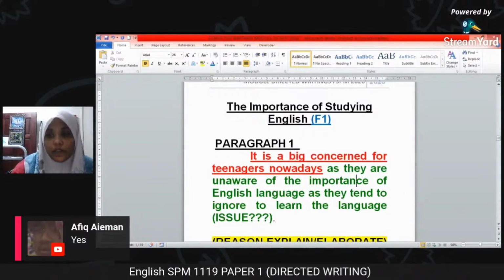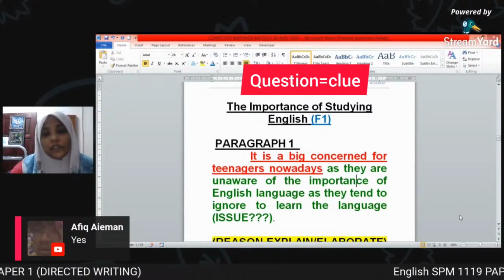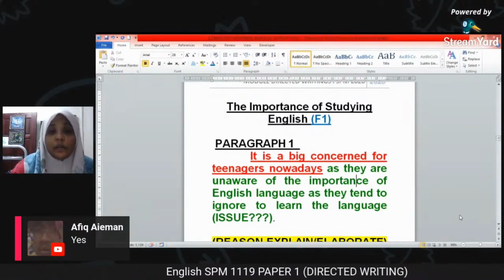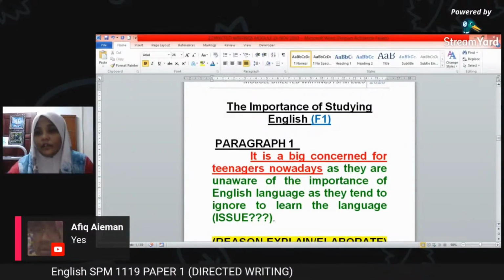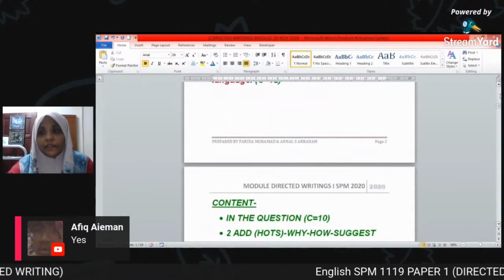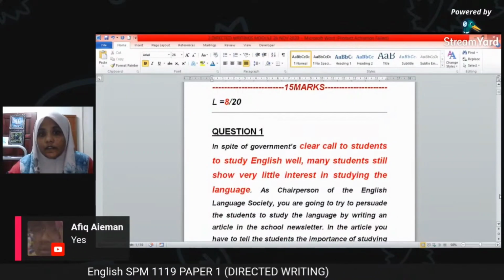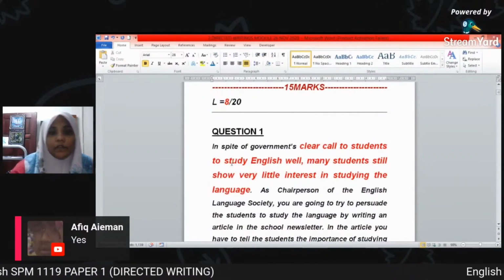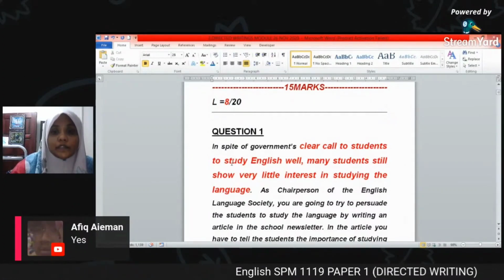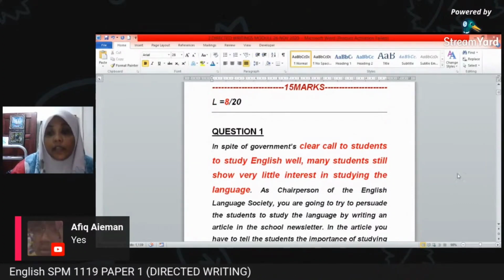Well, I've already told you earlier that the question is actually a clue for you to write your introductory paragraph. Let us look at the question again. It has been stated: in spite of the government's clear call to students to study English well, many students still show very little interest in studying the language.